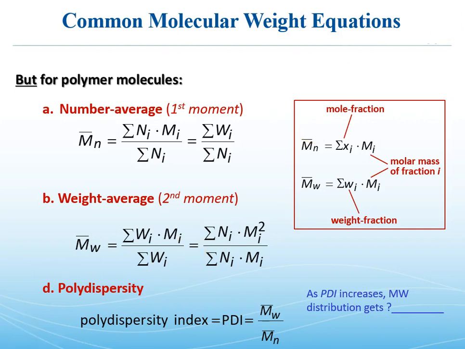If we write the weight average molecular weight formula using the same conventions, we end up with the sum of n sub i times m sub i squared over the denominator.